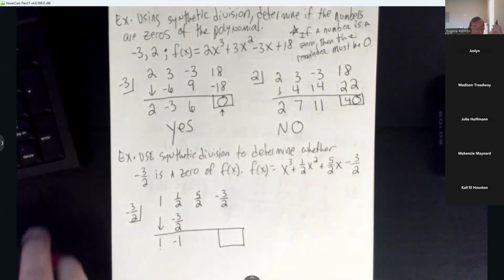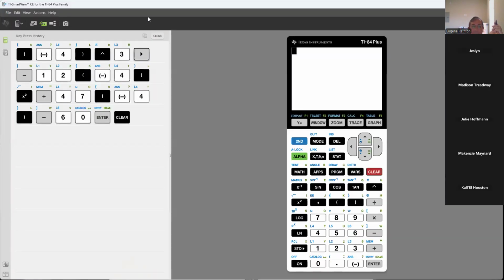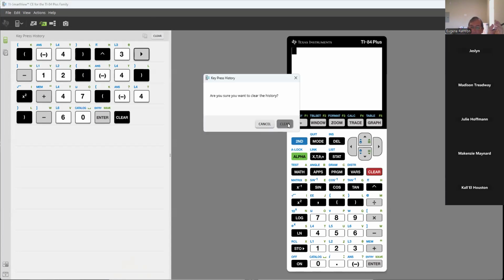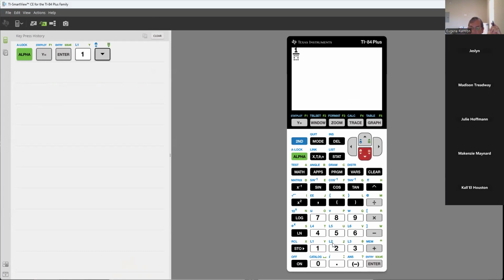Now, let me show you what you could do. You had 1/2 and a negative 3/2. All right, so your calculator, I'll just show you on this one. You can do alpha y equals and enter. Then you can put in your 1/2 on that one. Arrow right.